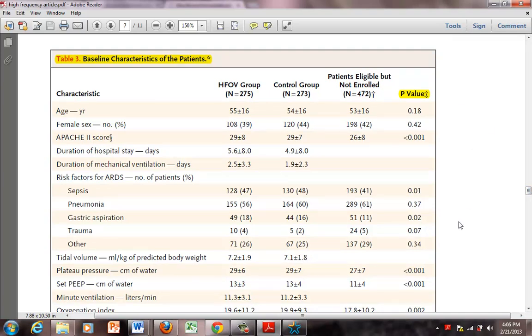And so with confounding variables, we're looking at, are there things that you think could affect the outcomes of a study that deals with patients who have a condition called adult respiratory distress syndrome, and they're either treated with normal ventilation using a conventional ventilator, or they're ventilated with high frequency ventilation.